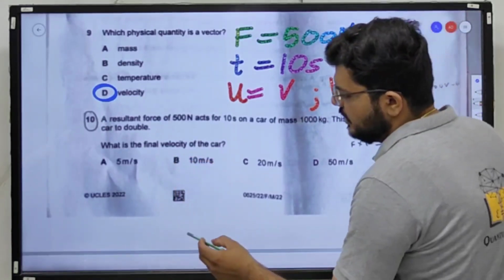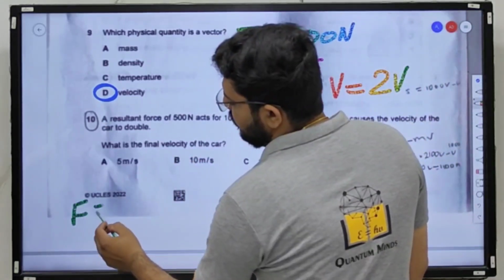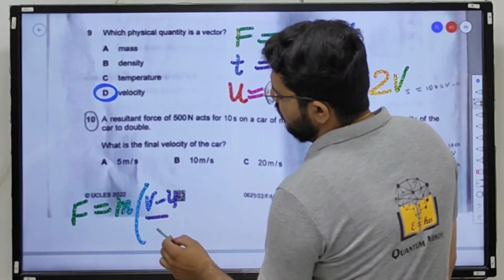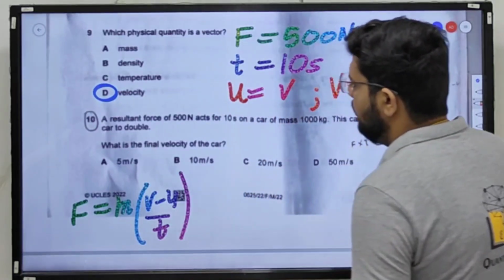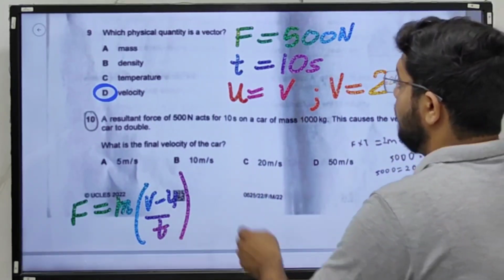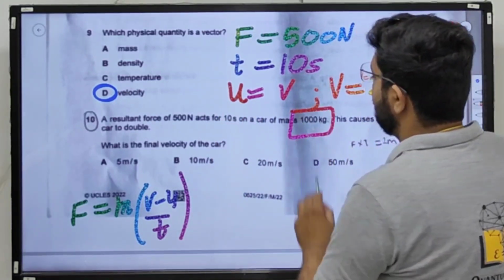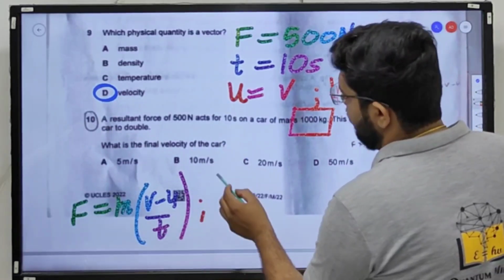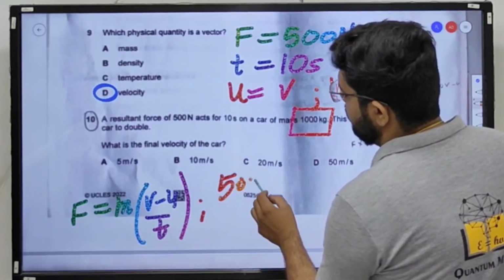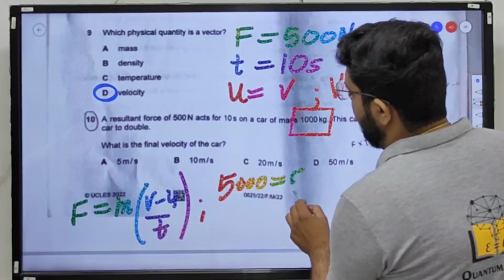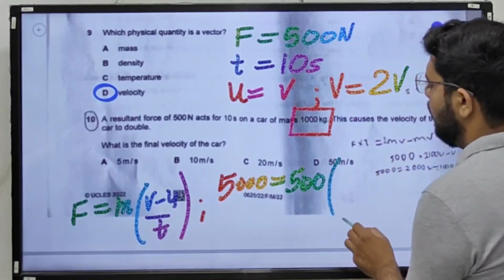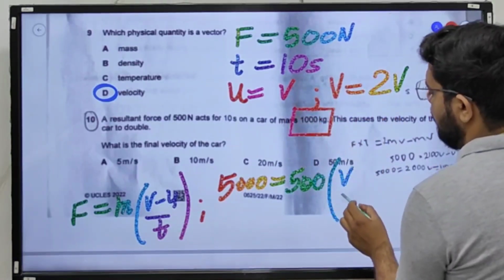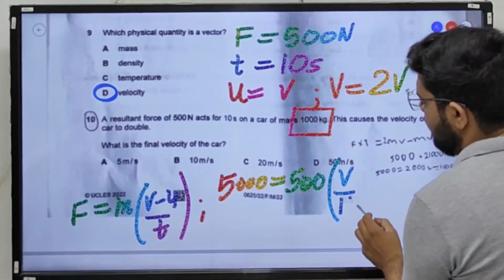Now from this understanding I can write F is equal to m into (v minus u) upon t, correct? The mass of the car is 1000 kg. That is also given to us. So let's do this. You have 5000 is equal to 500 multiplied by (2v minus v is v) upon time is 10 seconds.